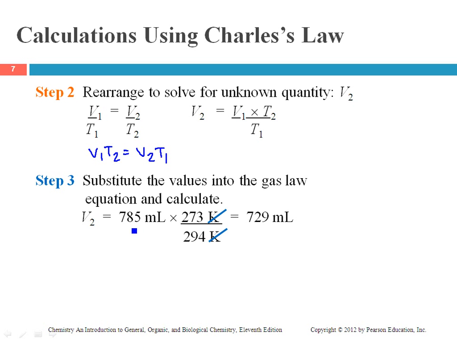So our V1 is 785 times our T2, which was 273 because the temperature dropped, over our T1, which was 294. We should get about 729 milliliters. Our temperature decreased, so our law says the volume should also decrease. If you get a higher number than 785, you know you've done something wrong. The volume had to decrease, and it did. It went from 785 to 729.